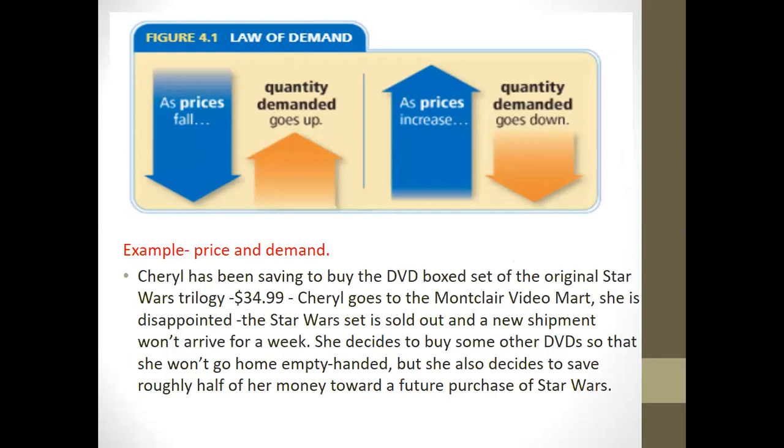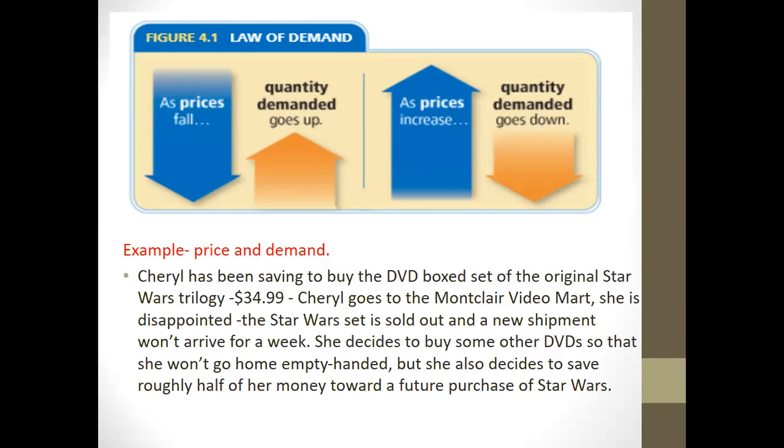Over here, in the book they use this example and this person. Charlie has been saving to buy a DVD box set of the original Star Wars trilogy and it costs $35. Charlie goes to the Montclair Video Mart. She's disappointed: the Star Wars set is sold out and a new shipment won't arrive for a week. She decides to buy some other DVDs so that she won't go home empty-handed.